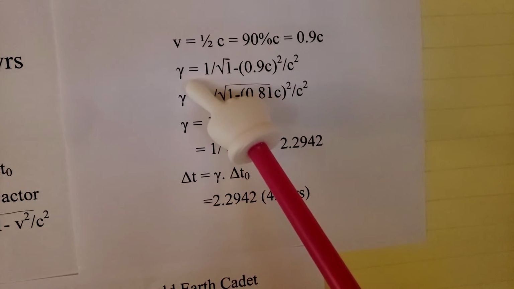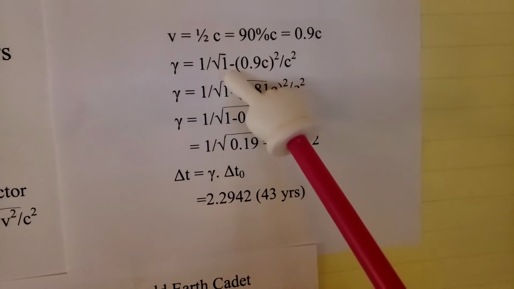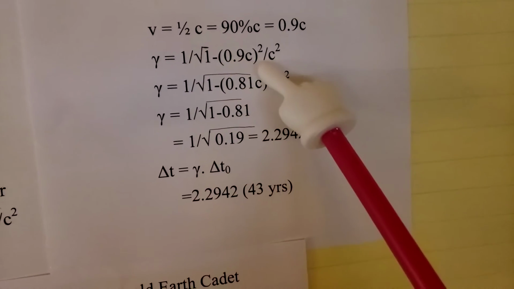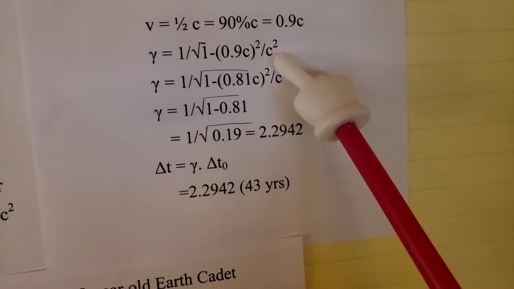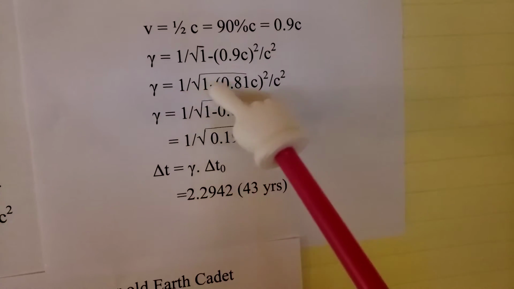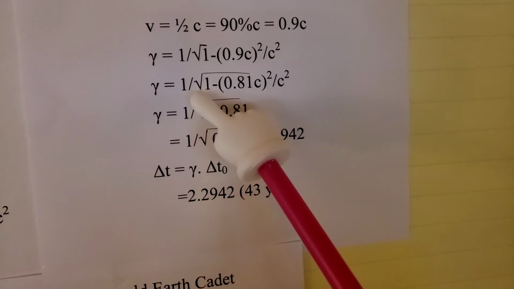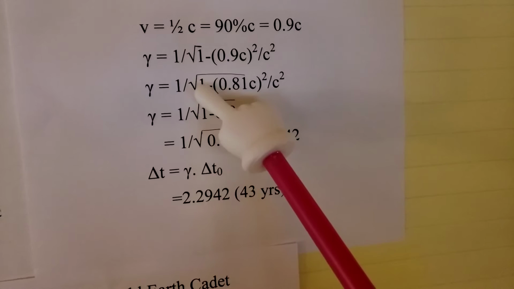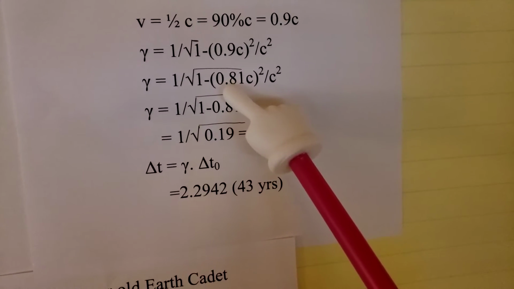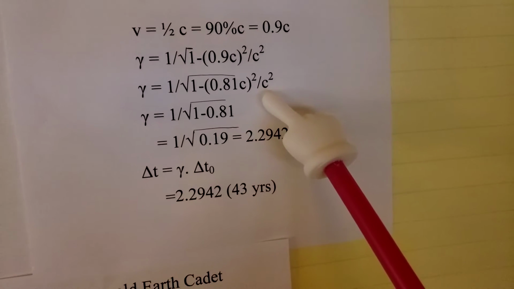When we plug the numbers in, we have the gamma factor equals 1 over the square root of 1 minus (0.9 c) squared over c squared. So we come down here and we're going to figure this out a little bit. The gamma factor is 1 divided by the square root of 1 minus 0.81 c squared over c squared.